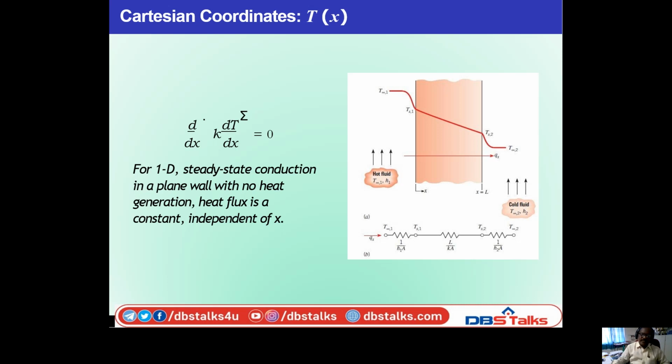This is called thermal resistance, here the convective resistance. In the plane wall, there is again some resistance against heat transfer, which is called conductive resistance. On the cold side, there is again convective resistance. The resistances are shown with the resistor symbol. We will see how to calculate these resistances.